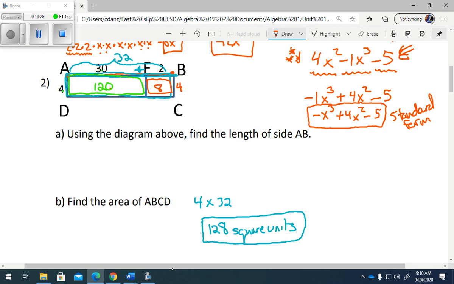So a 120 plus an 8 is still 128. So this is like the box method that I'm talking about. You can find the area of each individual piece and add it together to know your total area.